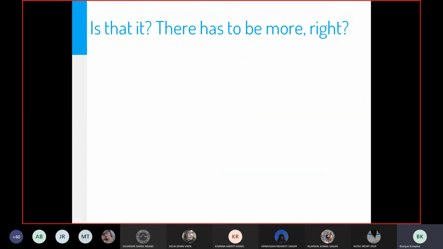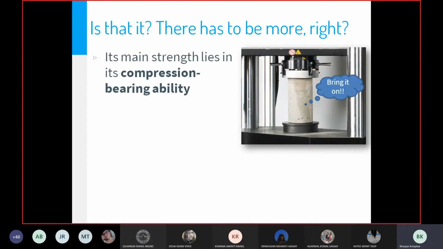So this was in terms of general behavior of concrete, but in terms of its engineering behavior, its main strength lies in its compression bearing ability. This particular compressive bearing ability surpasses that of traditional materials like brick and stone masonry.